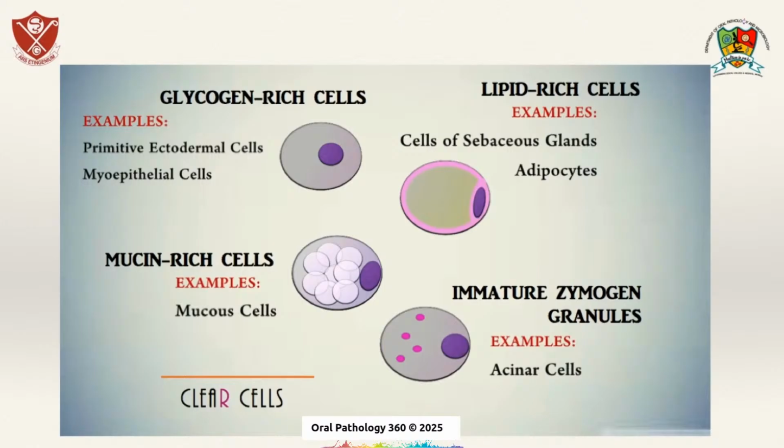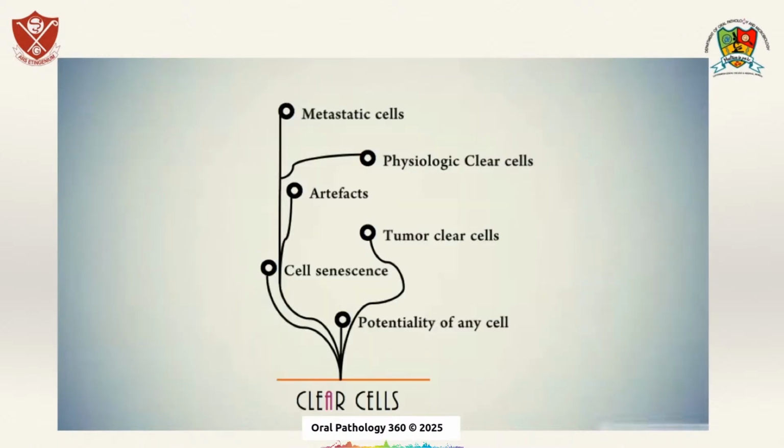So these glycogen-rich cells, which we can see in odontogenic tumors, may be giving it the clear cell appearance because of the glycogen. Others may be because of lipid-rich, mucin-rich, or immature zymogen granules. So the clear cells which originate may be either physiologic clear cells, metastatic clear cells, artifactual, tumor clear cells, cell senescence because of aging, or the potentiality of any cell.